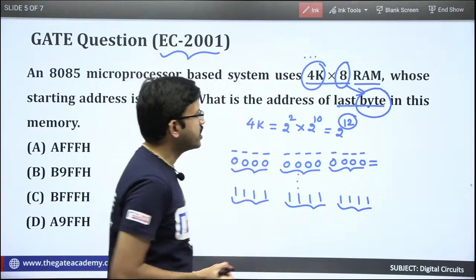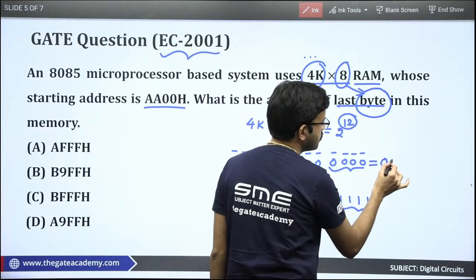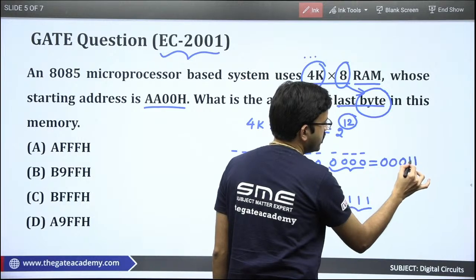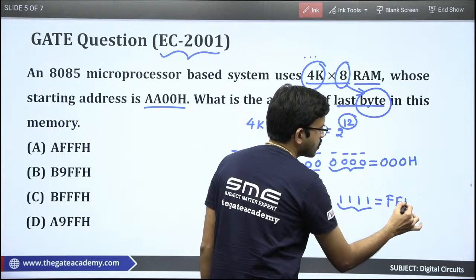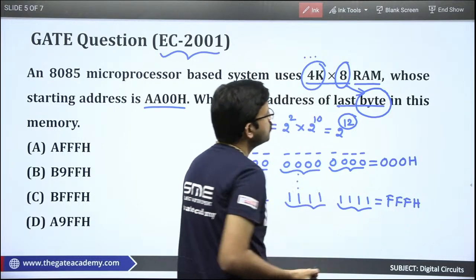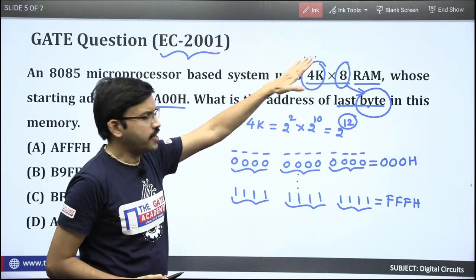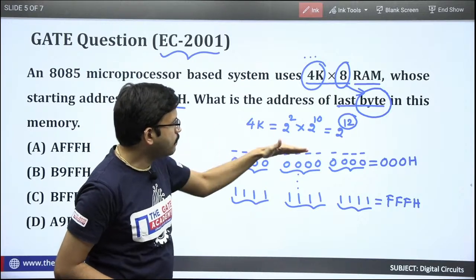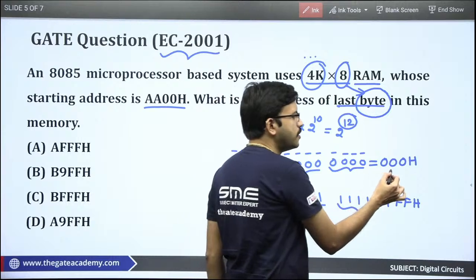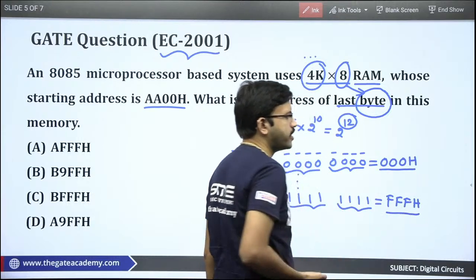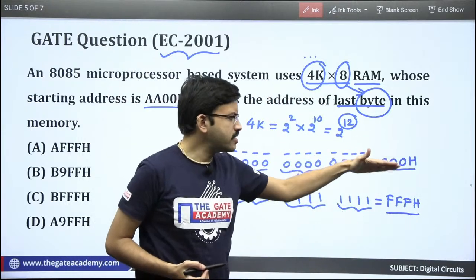Here you will get 000H, and here you will get FFFH. So for this RAM, if you start with all the bits as 0 and end with all the bits as 1, this is the starting address and this is the ending address.